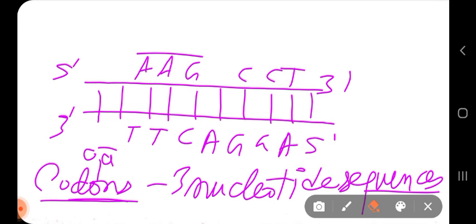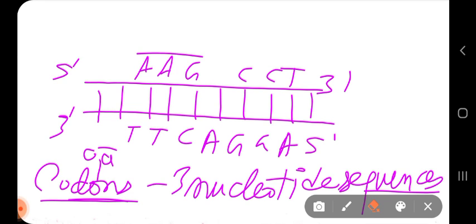But now what happened, this T has been removed due to mutation, due to some physical mutagens like UV rays, X rays, or chemical mutagens like ethyl methane sulfonate. Some other mutagenic agents are there, like ethidium bromide.